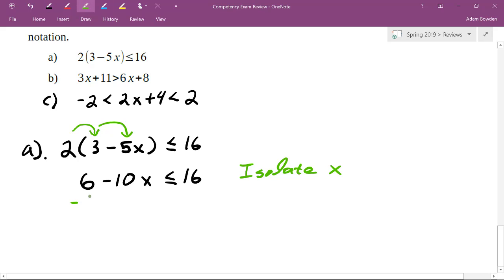So I'm going to start off by subtracting 6 from both sides, giving us negative 10x is less than or equal to 10.